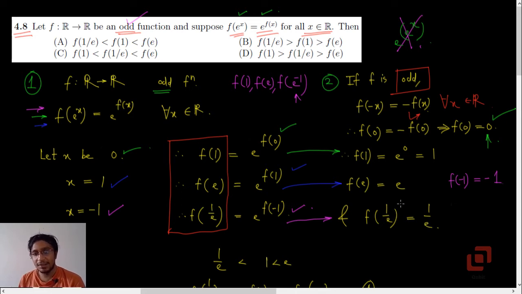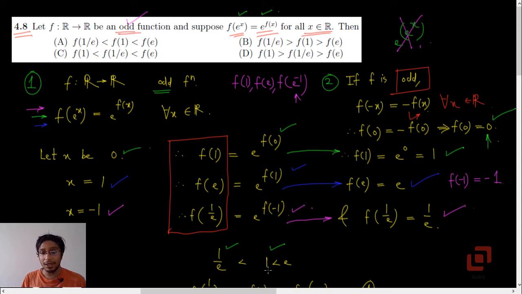Now what we have is f of 1, then f of e, and then f of 1 upon e, correct? And now if we know the approximate value of e, it is between 2 and 3, so e must be greater than 1, and because it is positive obviously, 1 upon e will be less than 1.